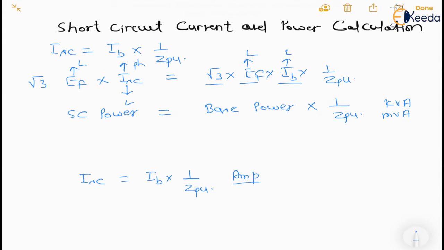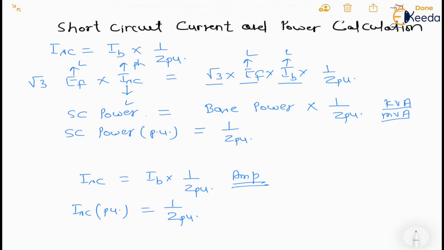This is in ampere. The ISC value in per unit will be equal to this total upon base current, means IB into 1 upon ZPU divided by IB. So IB will be cancelled out and you will get 1 upon ZPU. In case of power also, short circuit power in terms of kVA or MVA, if you calculate short circuit power in per unit, then you must divide by base power, and base power will cancel out and you can get 1 upon ZPU.